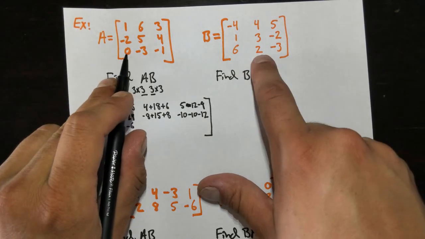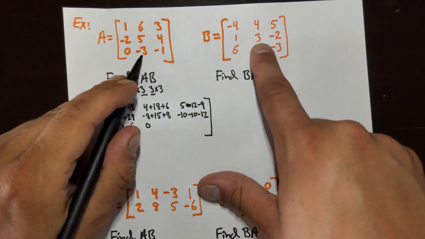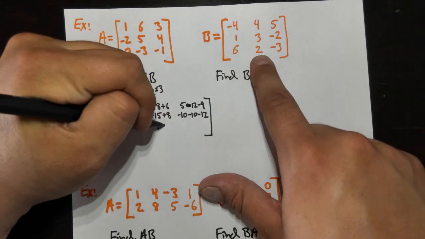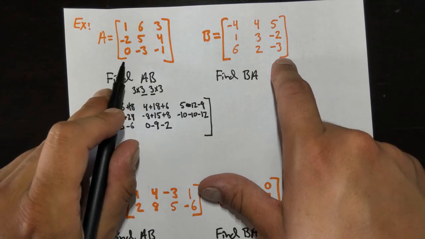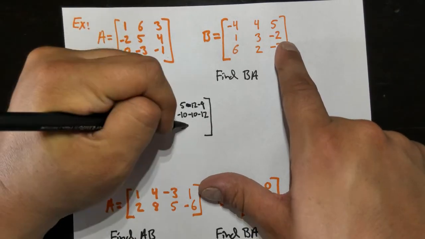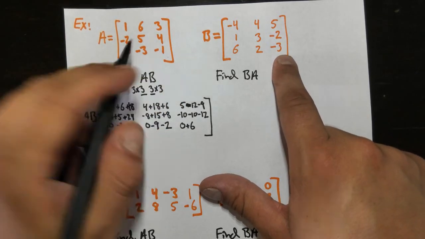And then the last row, second column, 0 times 4 is 0, negative 3 times 3 is negative 9, negative 1 times 2 is negative 2. And then finally, last row, last column. We get 0 times 5 is 0, negative 3 times negative 2 is positive 6, and negative 1 times negative 3 is positive 3.